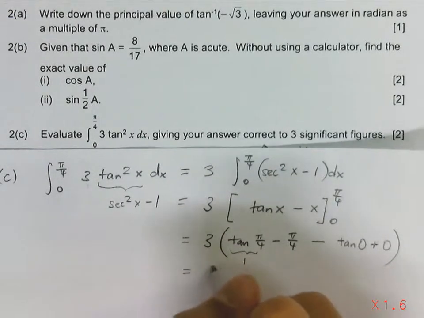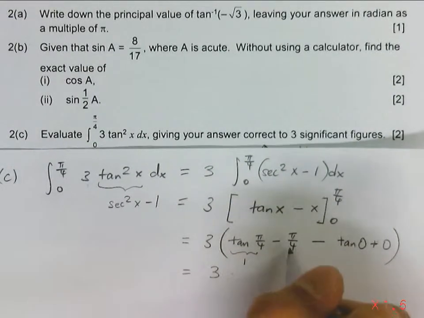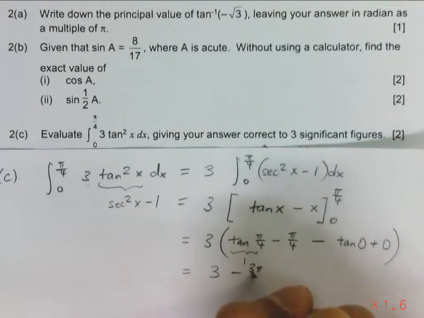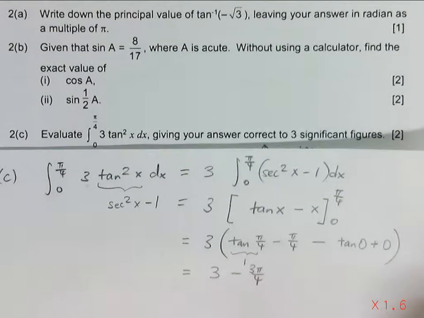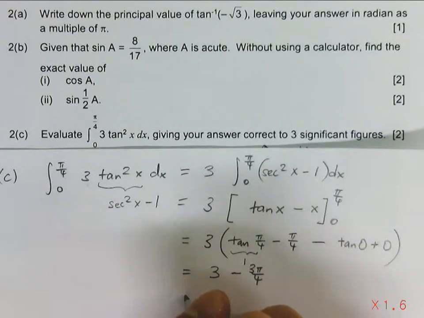So this makes us 3 times 1 minus 3 pi over 4. So in 3 significant figures, this answer will be 0.644.